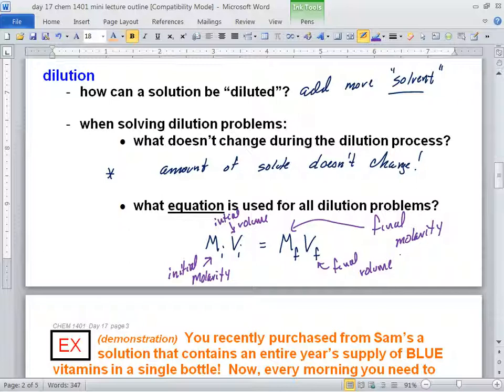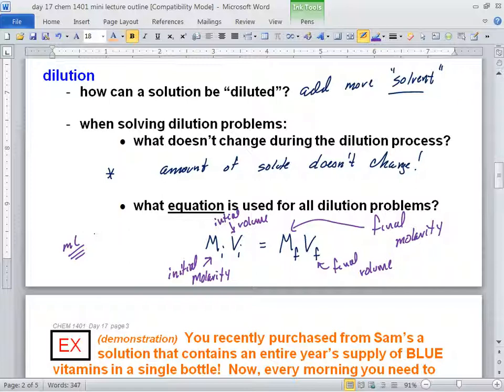You would think so, right? It makes the most sense if your V's are liters. But notice how the units cancel. If they give you the problem in milliliters, the milliliters are going to cancel too. So you don't have to work in liters if you don't want to.